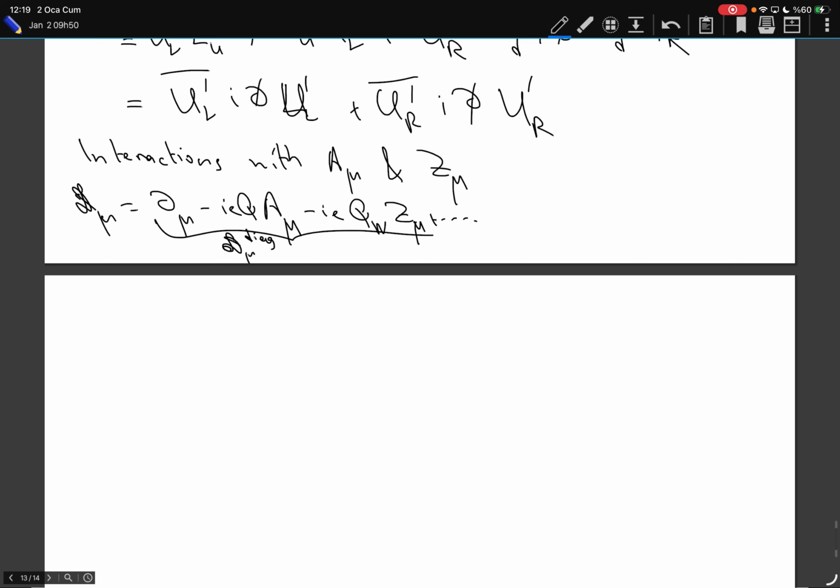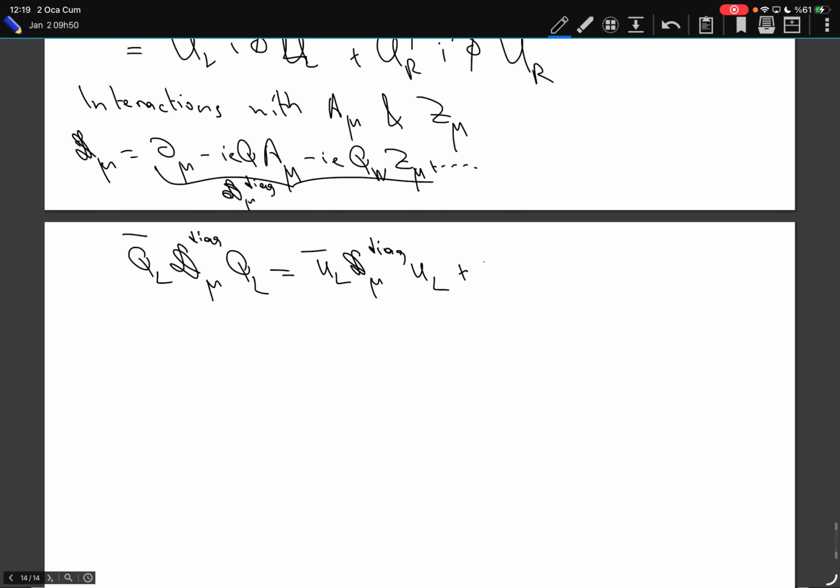Again, diagonal in the sense that when I write QL bar del mu QL, I will get UL bar UL plus DL bar DL.